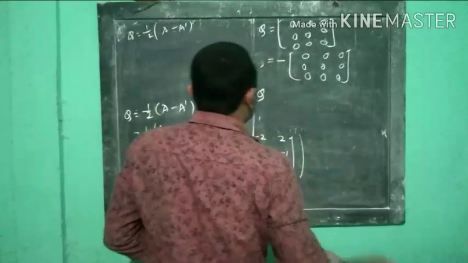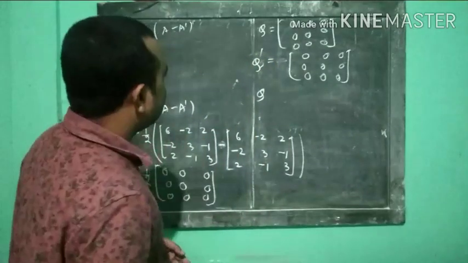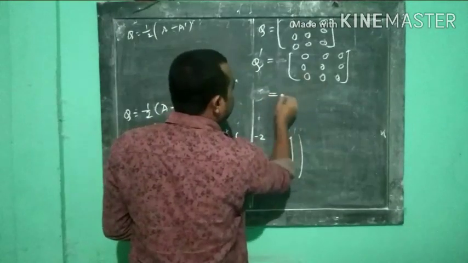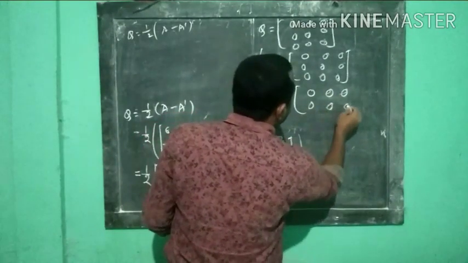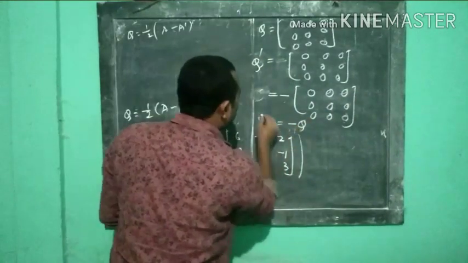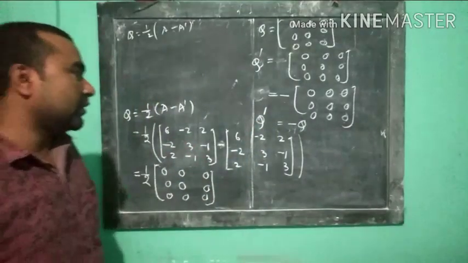Sorry, this is Q transpose. Then Q transpose equals this. If we take minus as common, then this can also be written as 0, 0, 0, 0, 0, 0. This is equal to minus Q. So Q transpose equals minus Q.